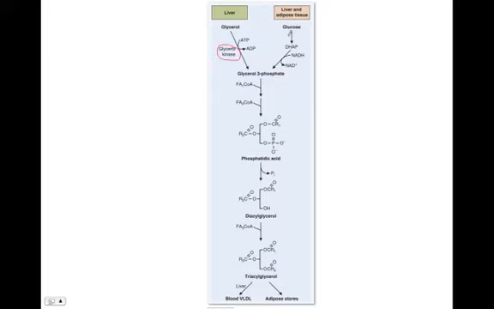In both tissues, triacylglycerols are produced in which the glycerol 3-phosphate reacts with fatty acyl-CoAs to form phosphatidic acid. And then dephosphorylation generates our diacylglycerol.